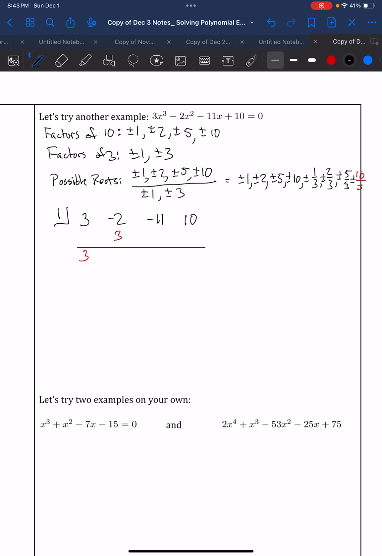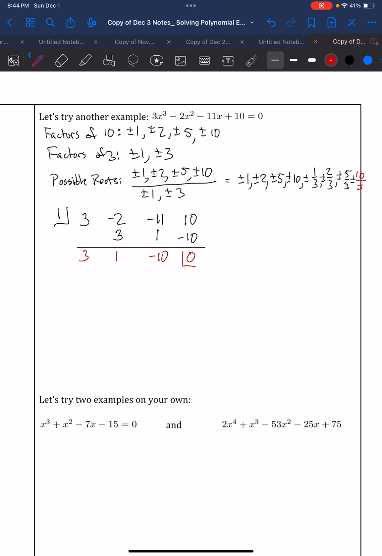Negative 2 plus 3 is 1. 1 times 1 is 1. Negative 11 plus 1 is negative 10. 1 times negative 10 is negative 10, and negative 10 plus negative 10 is 0. So again, 0 remainder means that is a factor.